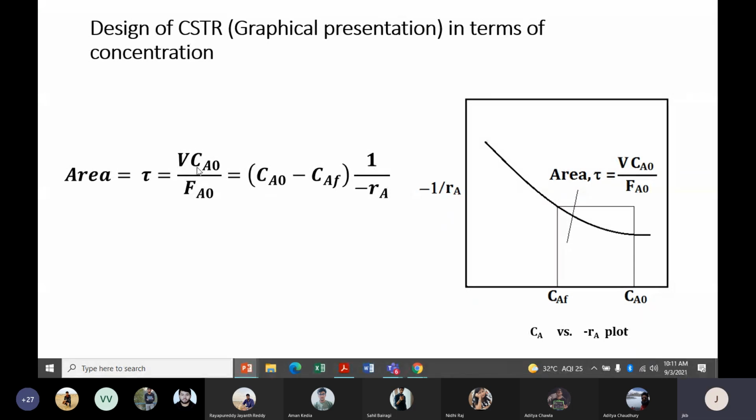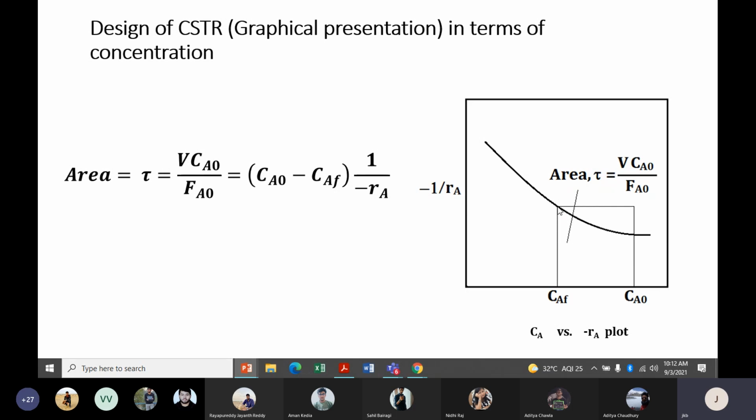You have to design a CSTR reactor. Then you plot minus 1 by Ra as a function of concentration, and from Ca0 to CAF, if we draw the rectangle passing through CAF, this area under the curve is the same as what is at the CAF condition, that is the ordinate distance.